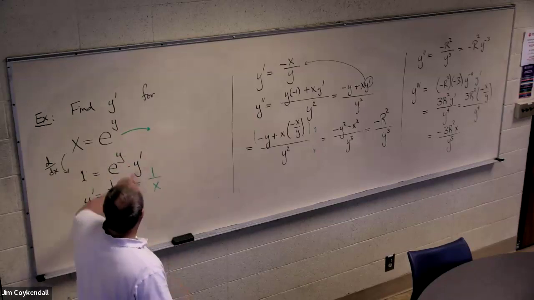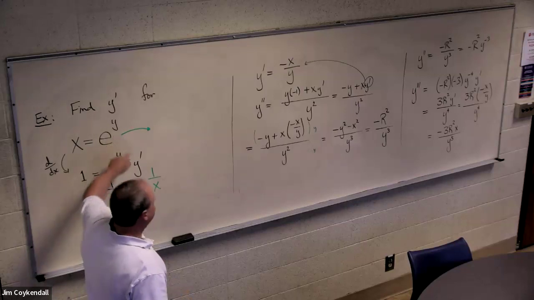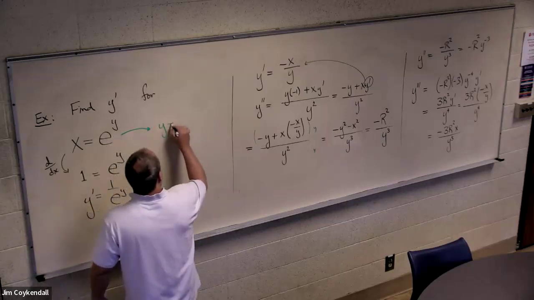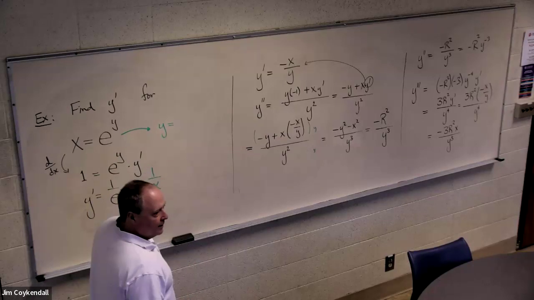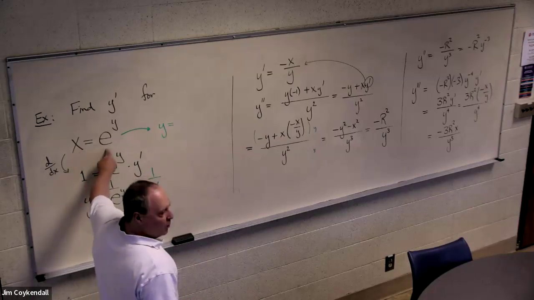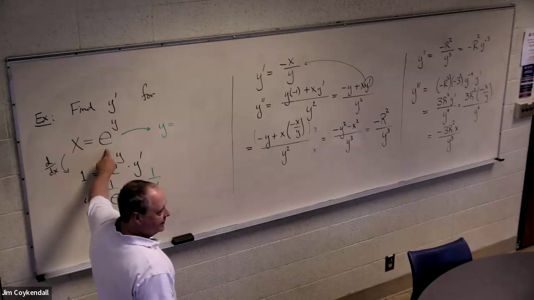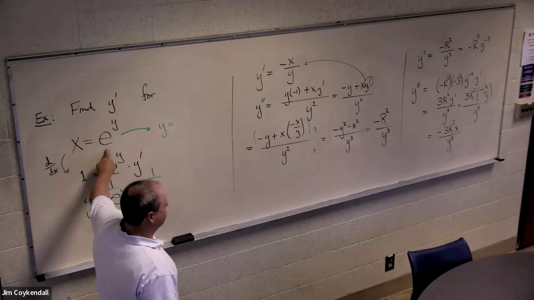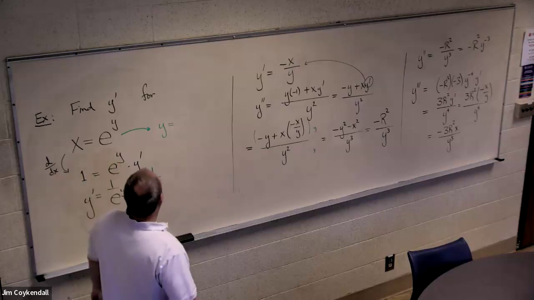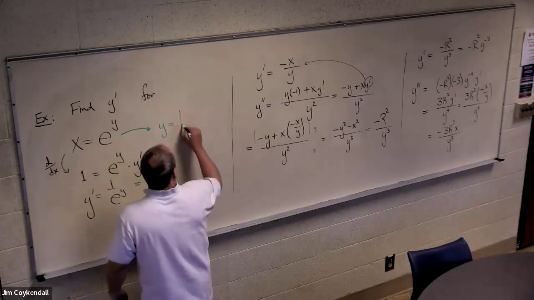If I were to solve this, what would I do? So if x is e to the y, what is y? Let's bring in the log there. It is the inverse of the exponential, which is the log.